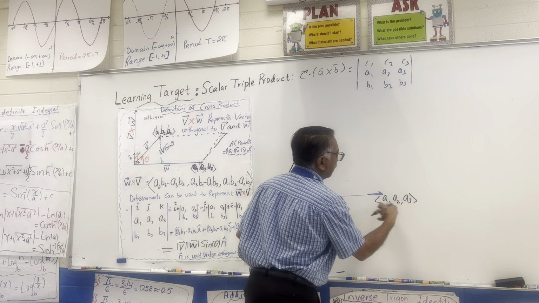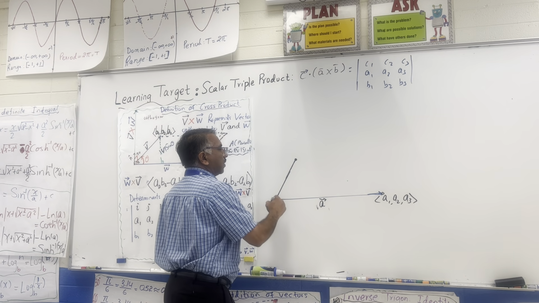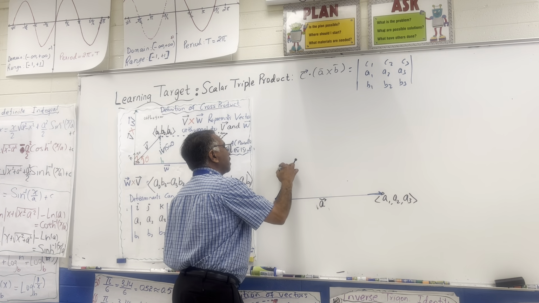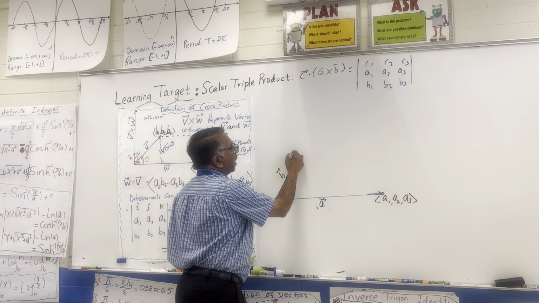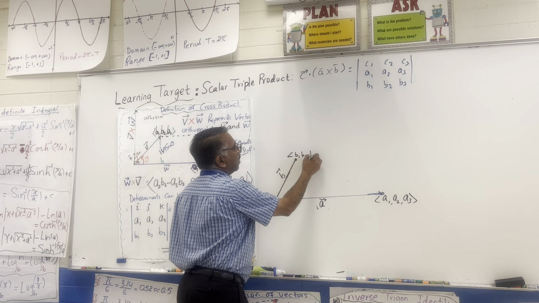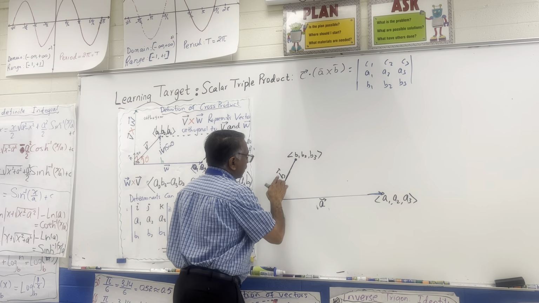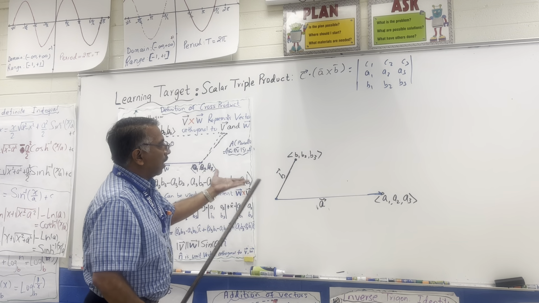So this is the component form for that vector until here. This is vector B, and the component form we'll call B1, B2, and B3. So that is it, now next is the A cross B.